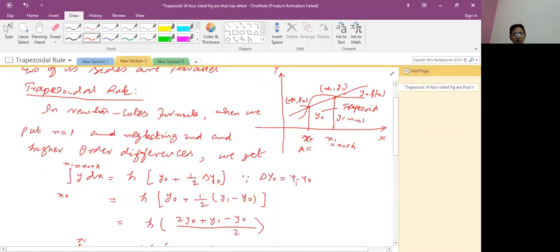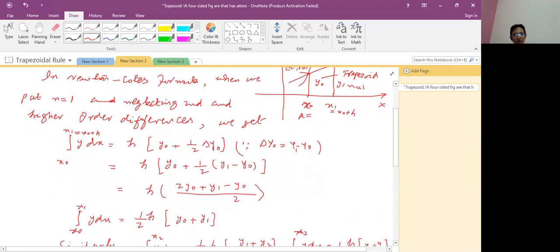So y naught plus 1 upon 2 del y naught, and as you know, del y naught is equal to y1 minus y naught. We put y1 minus y naught, take the LCM and simplify. So it is h upon 2 of y naught plus y1, where 2 y naught minus y naught is y naught, plus y1.